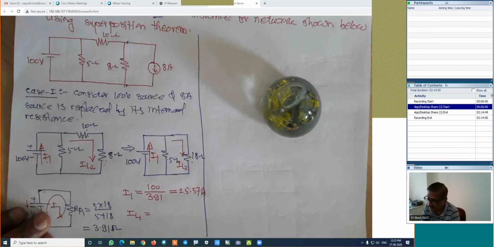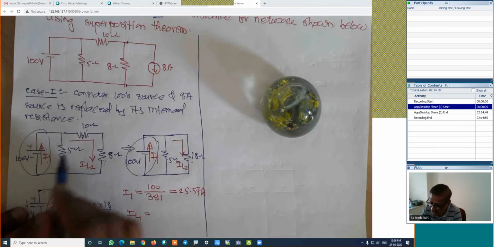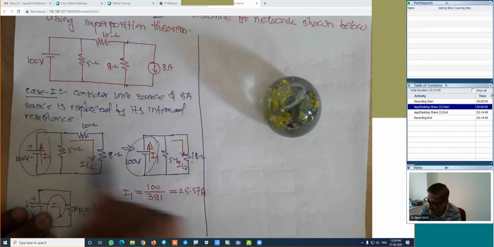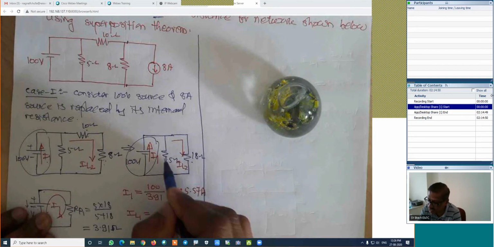Are you getting me? This IL1 is equal to, how is the formula? Total current. In this case, current in this branch is known. No need to think about this branch. In this branch, we are expected to calculate the current, meaning the opposite branch is used.